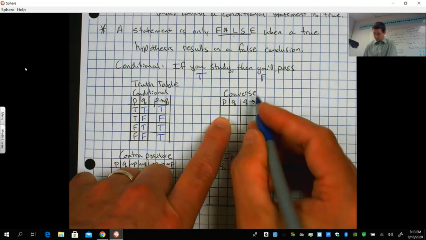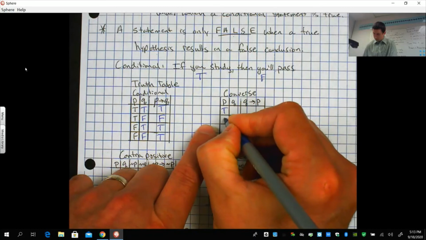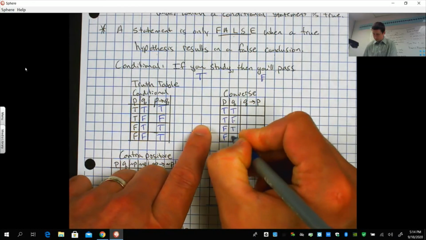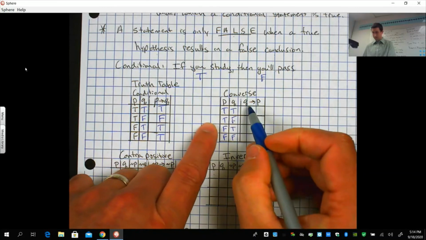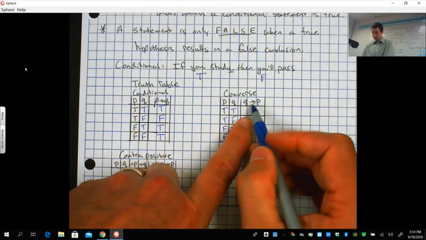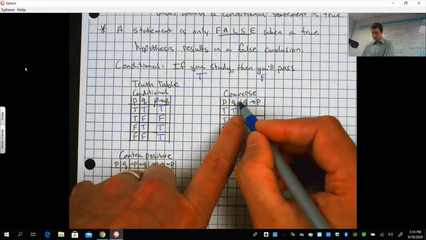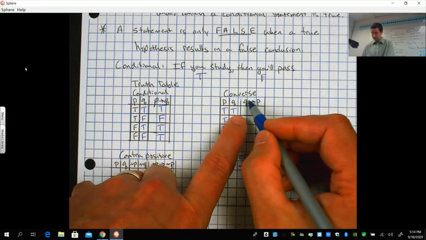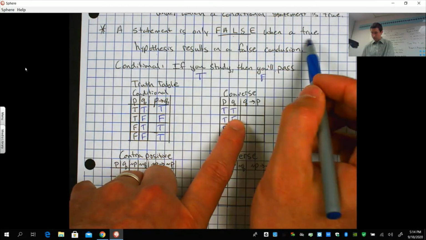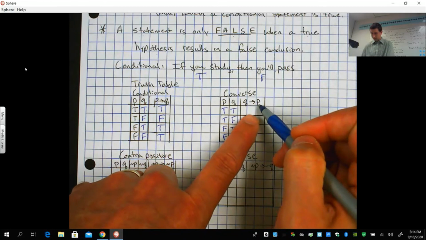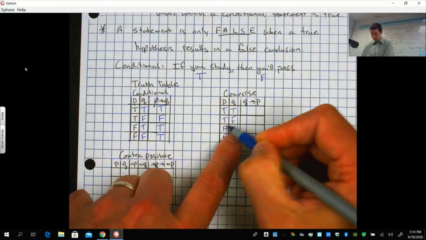For the converse, we're going to go true, true, false, false, true, false, true, false. It always starts off like that. Now the way we're going here, we're going to start with Q. Q implies P. So Q is the first one we look at. So anything that has a true first part and a false second part is going to be false.